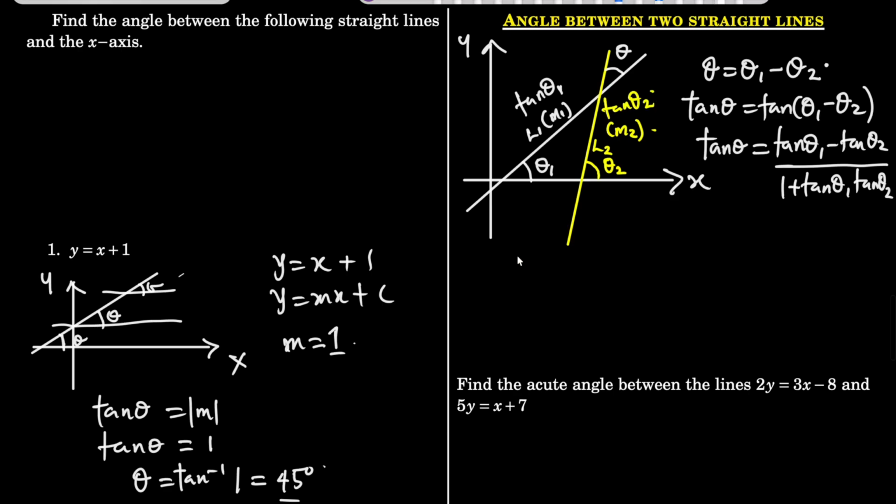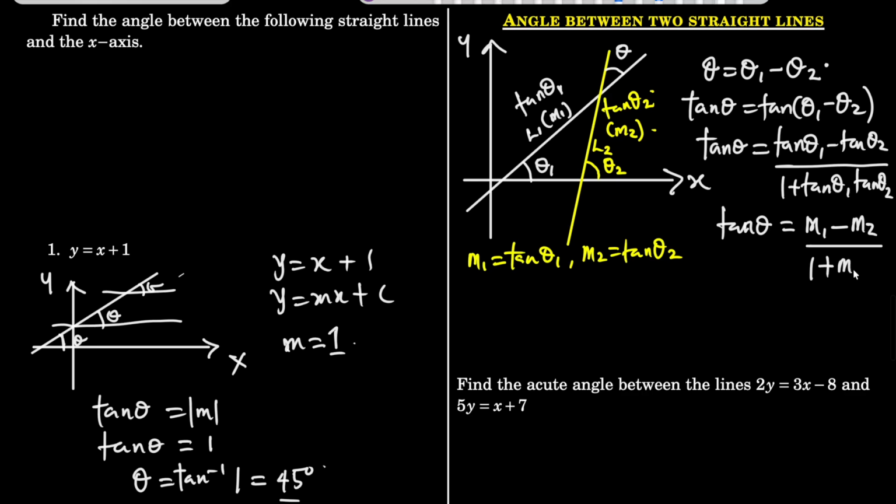So m1 is equal to tan theta 1, and wherever I see m2, I can say it is tan theta 2. So everything that I have here can be rewritten as tan theta is equal to m1 minus m2 over 1 plus m1 m2.